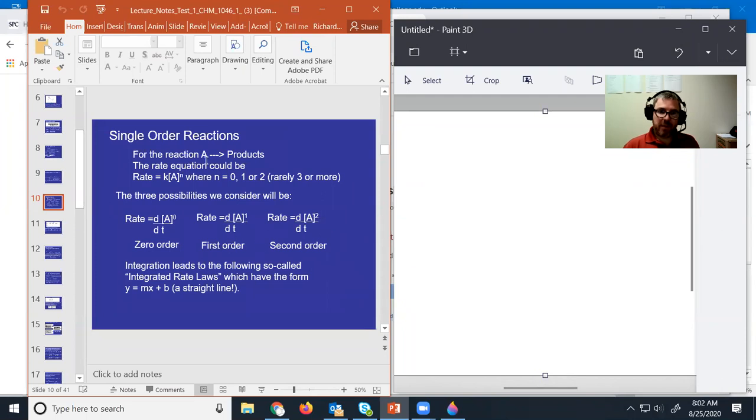Now, when we're dealing with a single reactant, we can talk about what these zero, first order, and second order mean in the context of the kind of reaction we're dealing with. So I will go through each of those and show an example of each, and then you can get a glimpse into what the order of the reaction actually tells us. And I'll talk about the whole integration thing and everything else. It's a lot more simple than it looks at the present time.